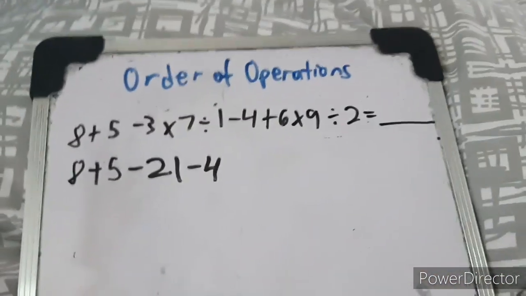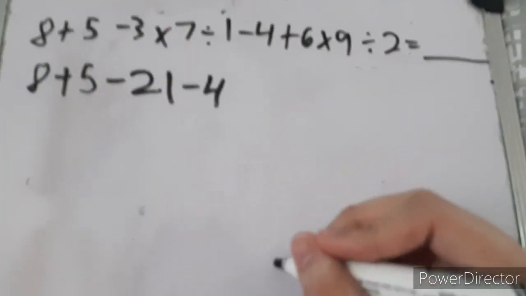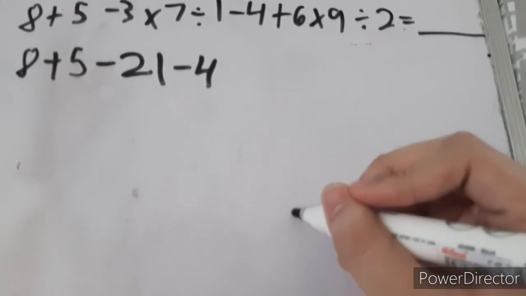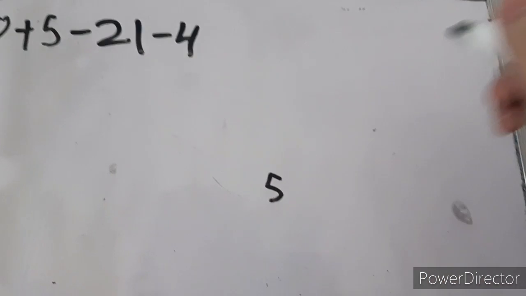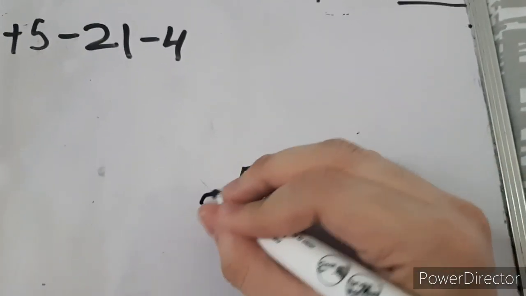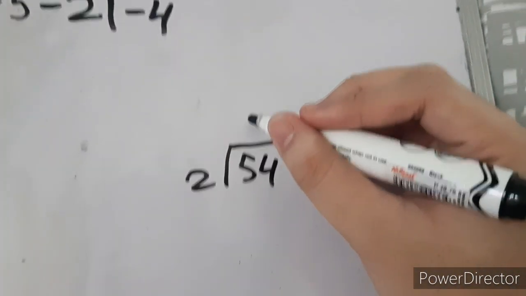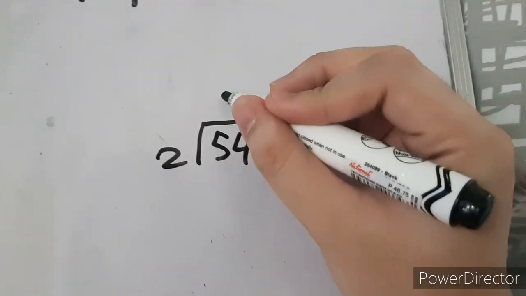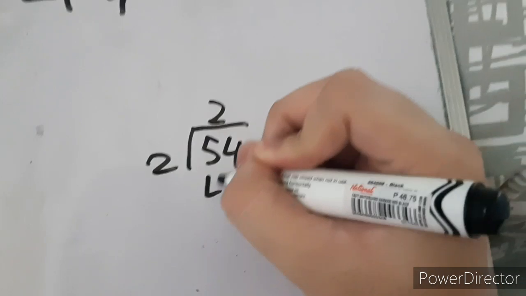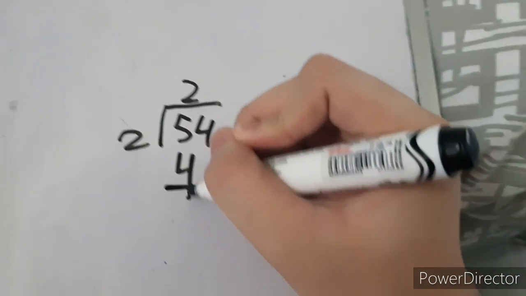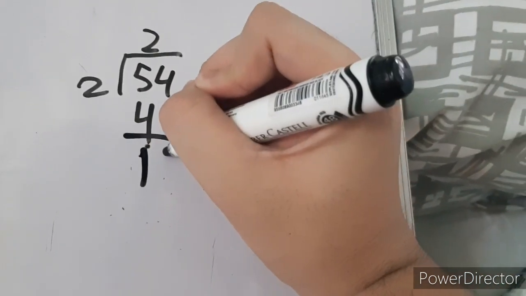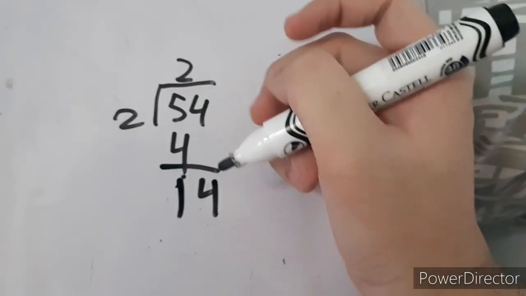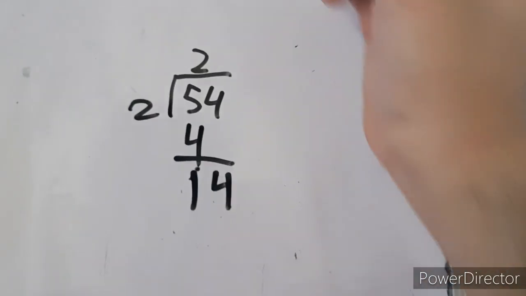Kung mahirapan ka, pwede ka magbalik using this table. 54 divided by 2. So, ilan ang 5 sa 2? Dalawa. 2 times 2 is 4. 5 minus 4 is 1. Kaya bring down 4. So, the answer is 27.